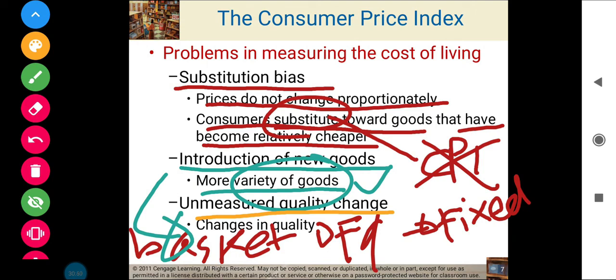But unfortunately, Badan Pusat Statistik finds it difficult to record changes in the quality of goods because it's hard to measure quality change. The quality change cannot be calculated.